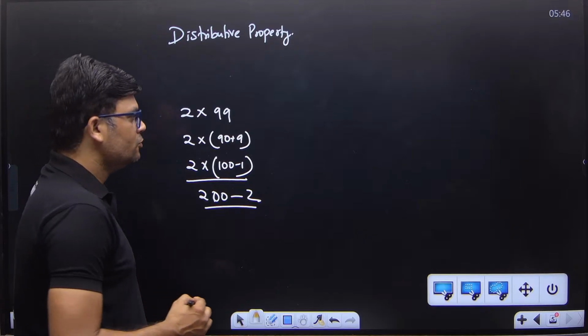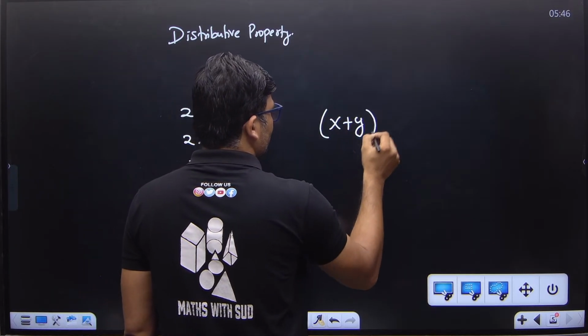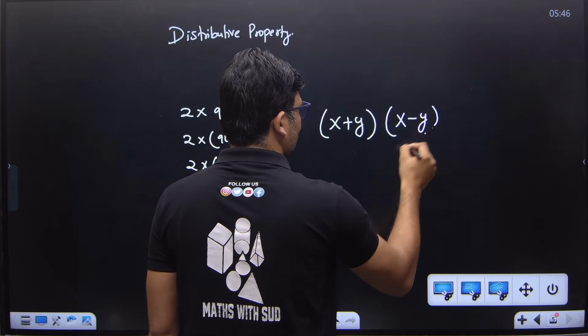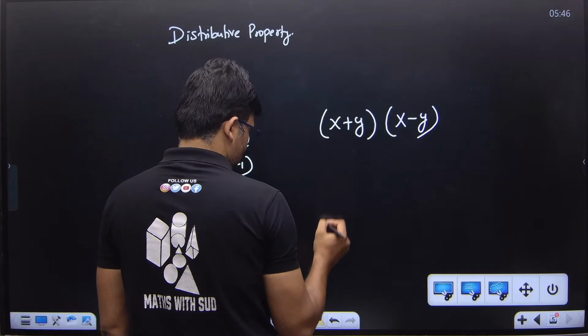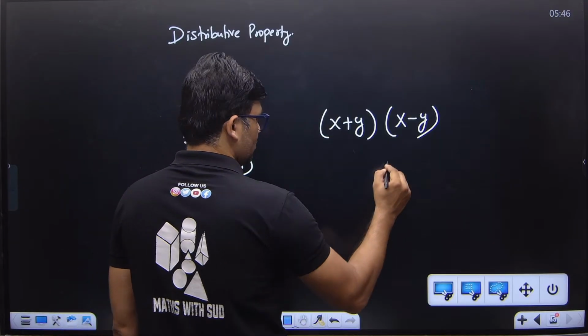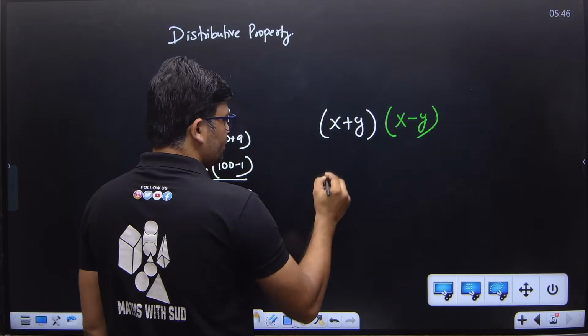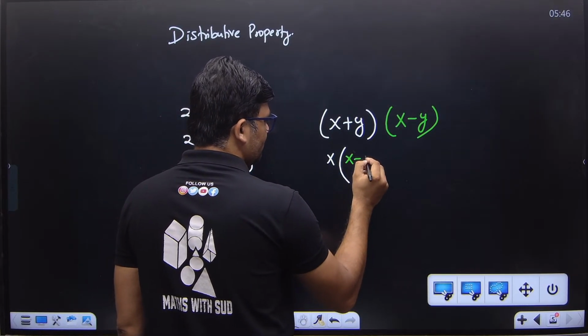Yeah. So the same goes with variables as well. So if I ask you what is x plus y times x minus y. First this x will be multiplied by x minus y.